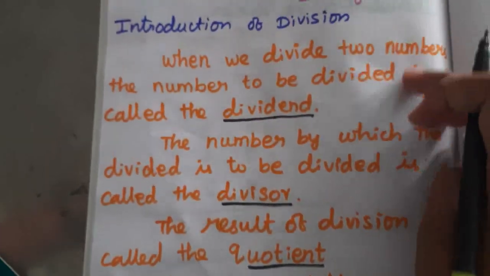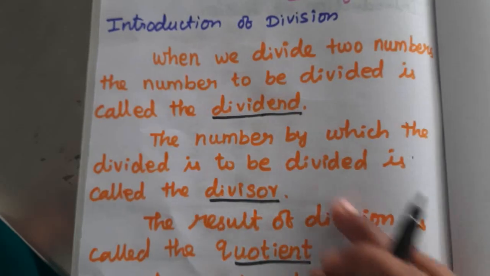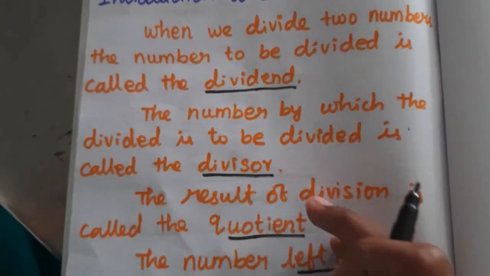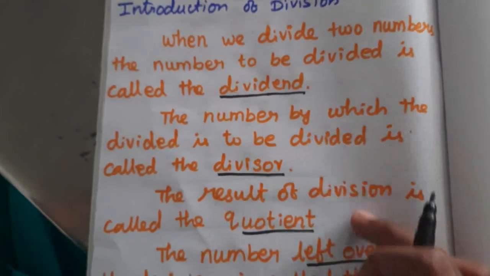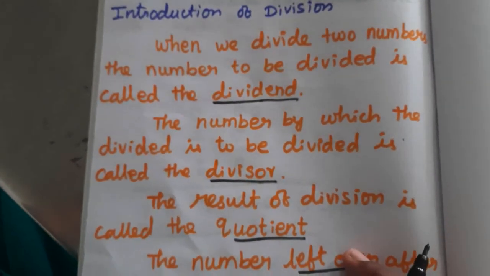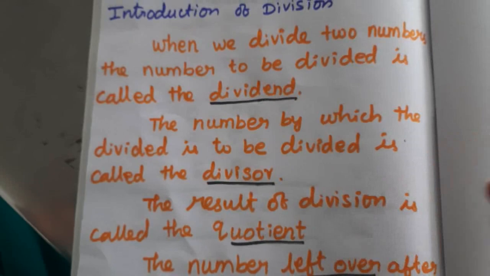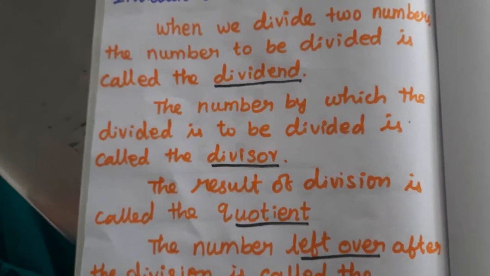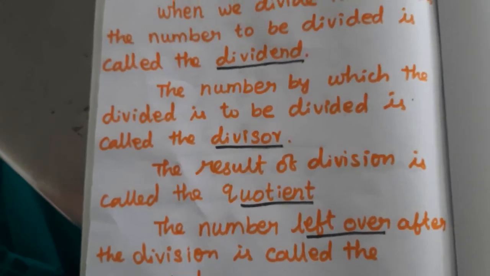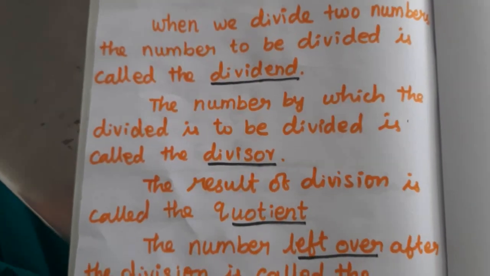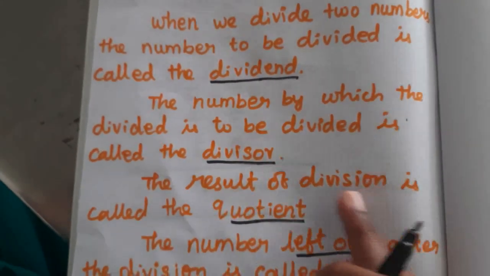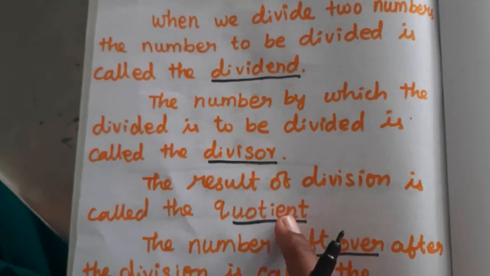Do you have any doubts in the introduction of division? So: dividend, divisor, quotient, remainder. When we see examples of division, I will explain which is the dividend, which is the divisor, which is the quotient and which is the remainder. Quotient means the result of the division.